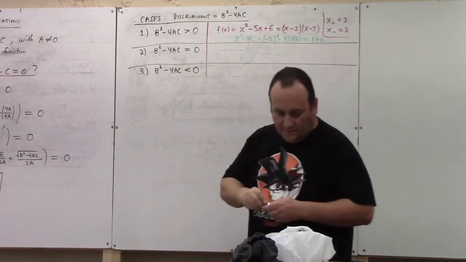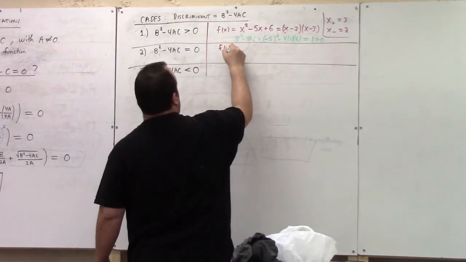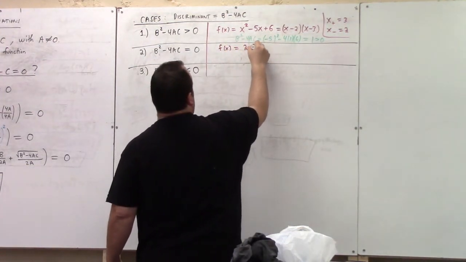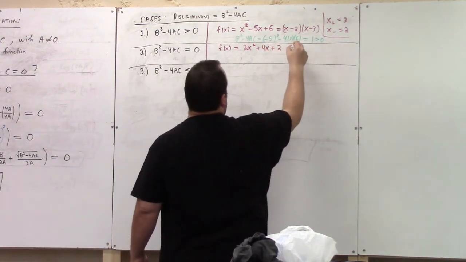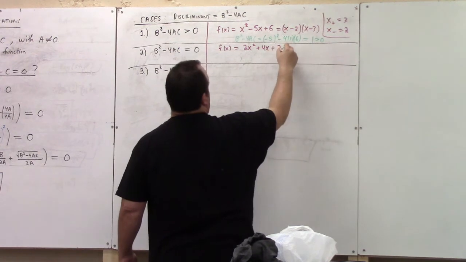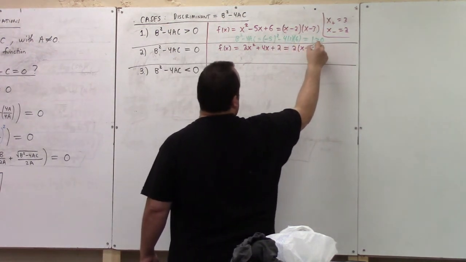An example of case 2 would be something like f of x equals 2x squared plus 4x plus 2, right? Because this is actually equal to 2 times x plus 1 squared.